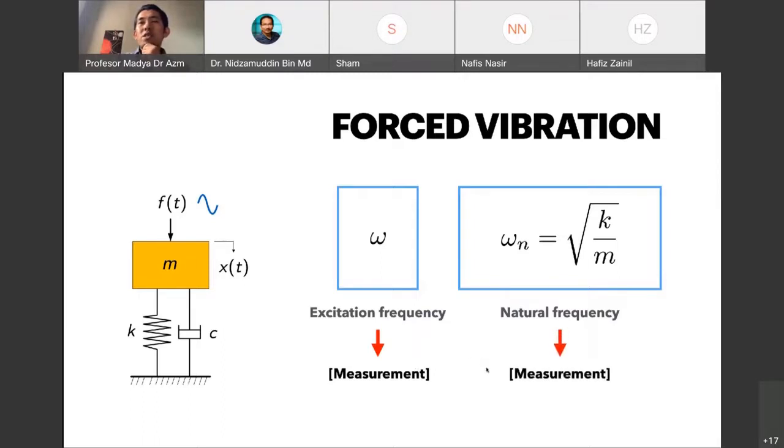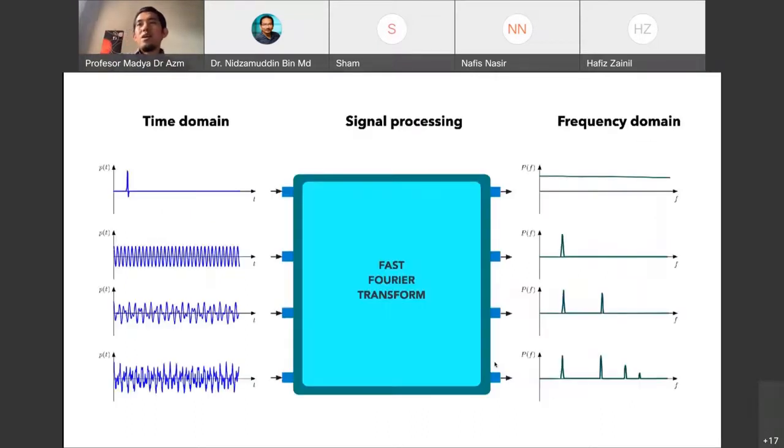The natural frequency we can get from measurement, and also from numerical modeling. So in vibration we have finite element analysis. We can perform finite element analysis to get the natural frequency of the system. Also in vibrations, another important thing is signal processing, which is done by the analyzer.